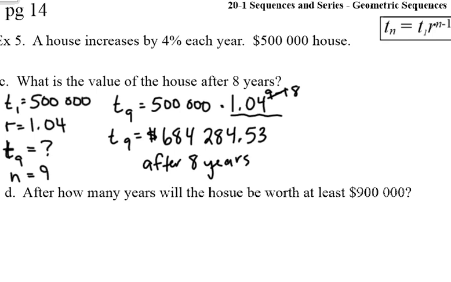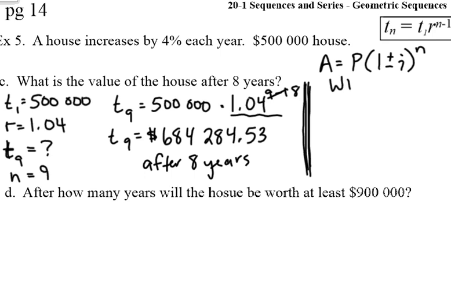Now, just to make things a little easier, if you can remember this, if you look at your formula sheet, on the formula sheet at the bottom of the number patterns, you have the formula A equals P bracket 1 plus or minus I to the N. This is a formula that we use for word problems for geometric sequences.